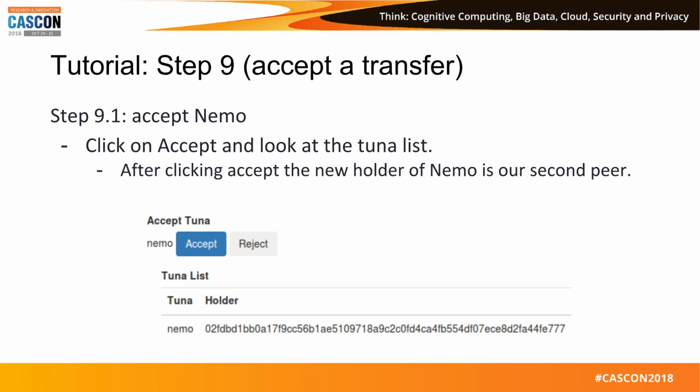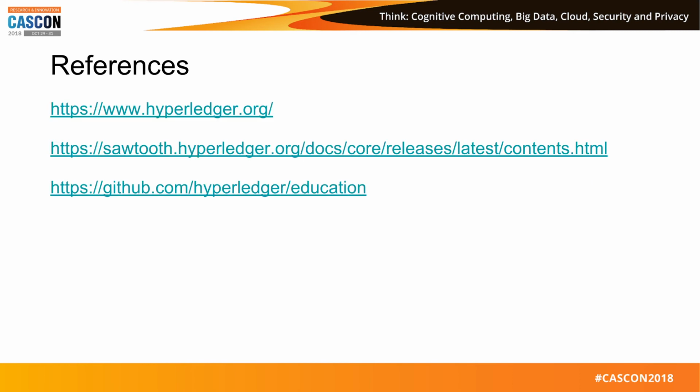That's all that I have, that's our hands-on tutorial. You can review more information about Hyperledger, the Sawtooth platform, and the tutorial that we just saw on the following links. The Sawtooth information and documentation is pretty good.